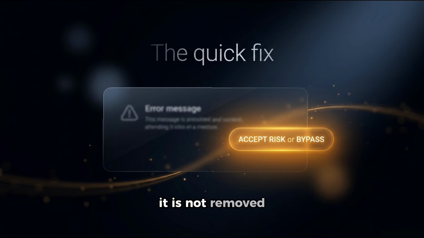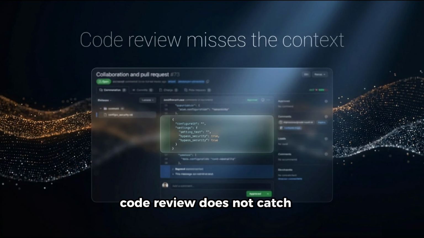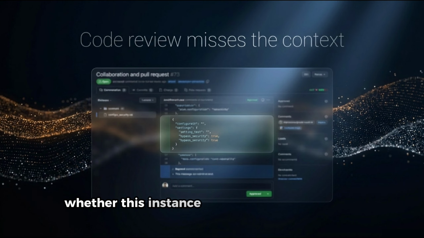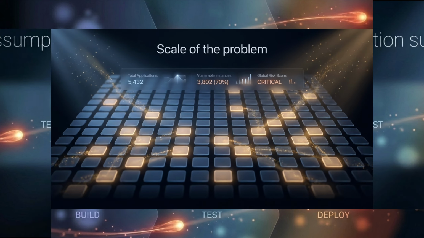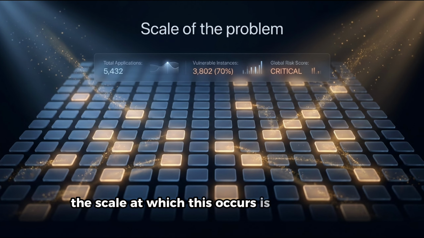It is not removed. Code review does not catch it, because the reviewer is also familiar with the error and the fix, and does not evaluate whether this instance has left the environment where it was appropriate. The shortcut makes it to production, carrying the assumptions of the environment it was written in. The scale at which this occurs is documented.